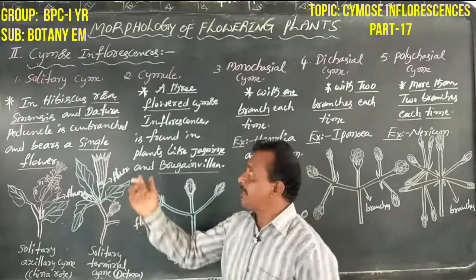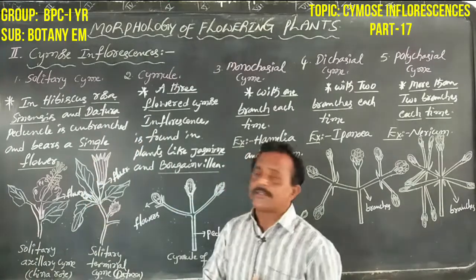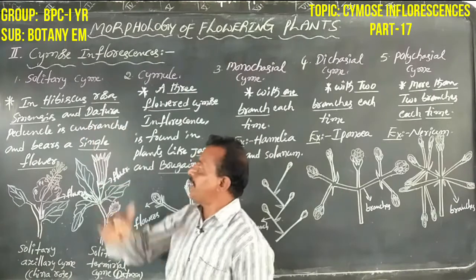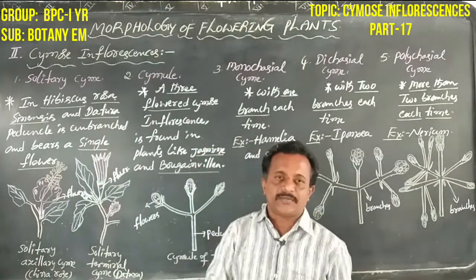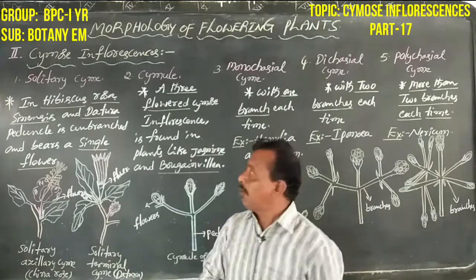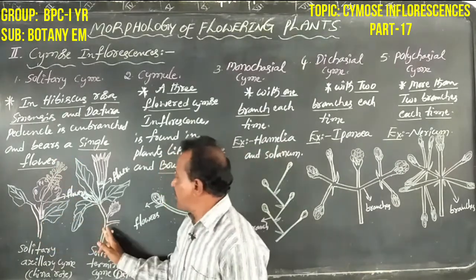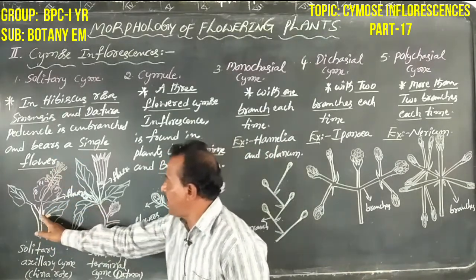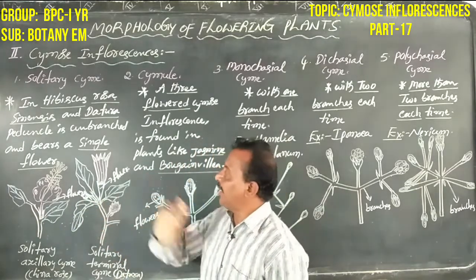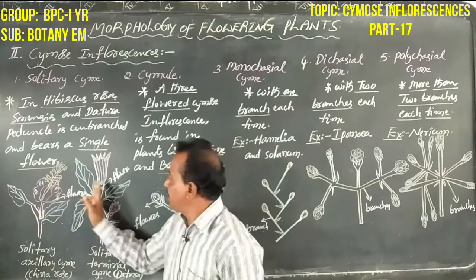So dear students, once again, the first one is the solitary cyme. It is seen in Hibiscus rosa-sinensis, that is China rose, and Datura, that is thorn apple. The peduncle is unbranched and bears a single flower.